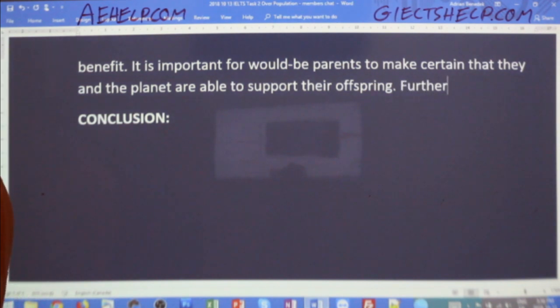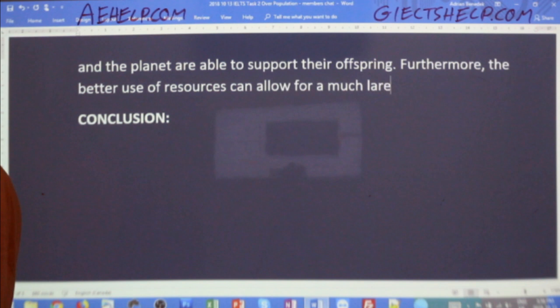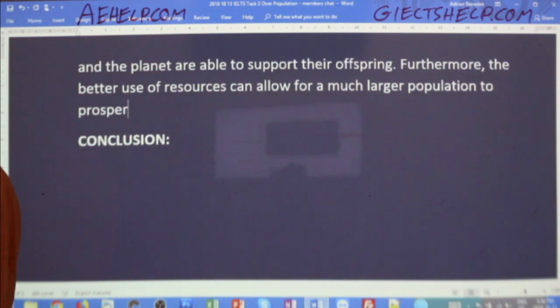Furthermore, the better use of resources can allow for a much larger population to prosper.